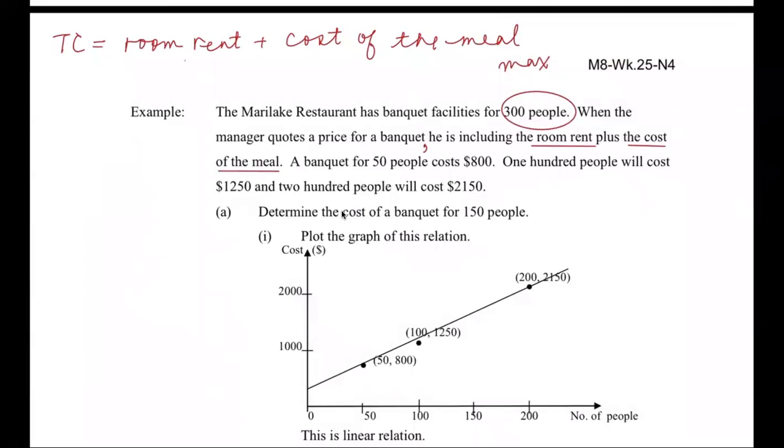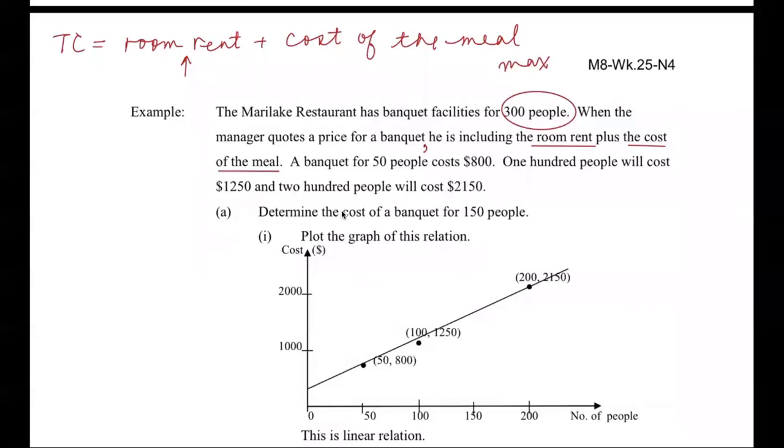Room rent. If we have 10 guests for the banquet, the room rent will be, for example, $300. If we have 20 guests, the room rent will still be $300. If we have 150 people, the room rent will still be $300. If we have a maximum of 300 people, the room rent is still $300.